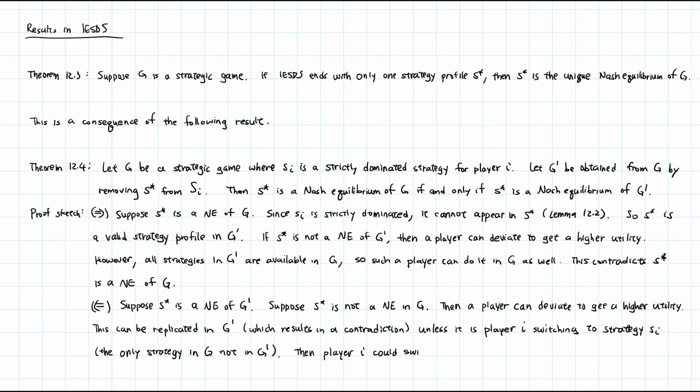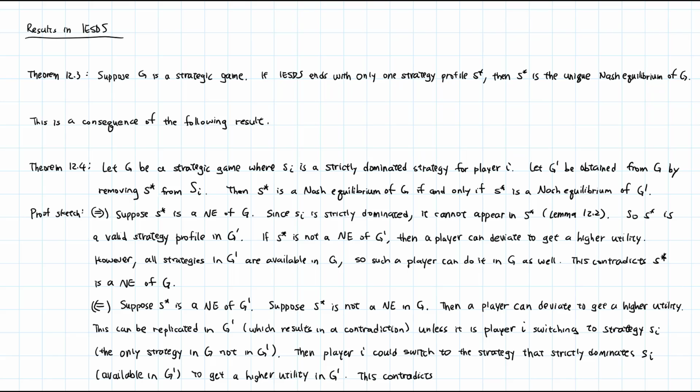So player i could switch to the strategy that strictly dominates Si, which is available in G prime. And that will give the player a higher utility in G prime. This contradicts the fact that S star is a Nash equilibrium in G prime. And that completes our proof sketch.